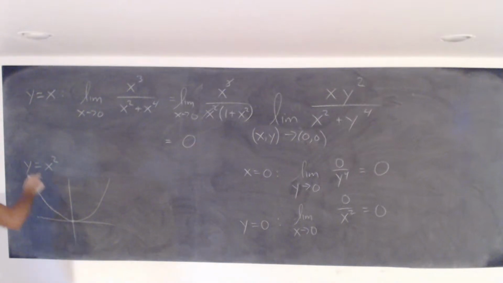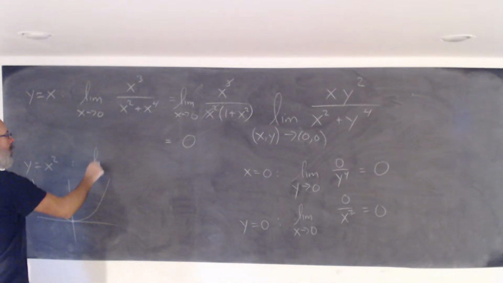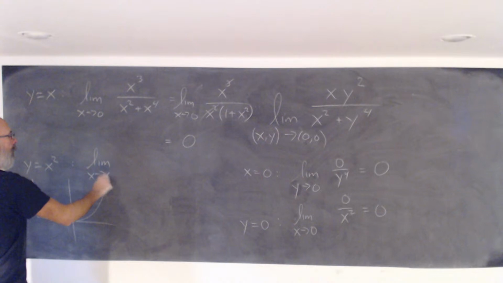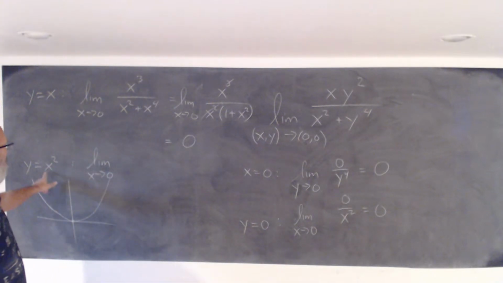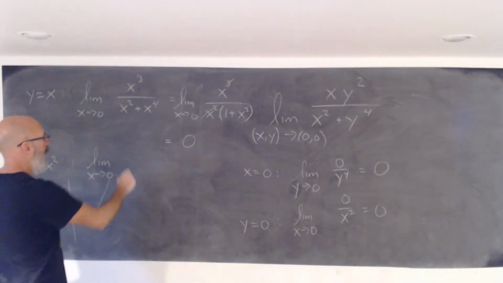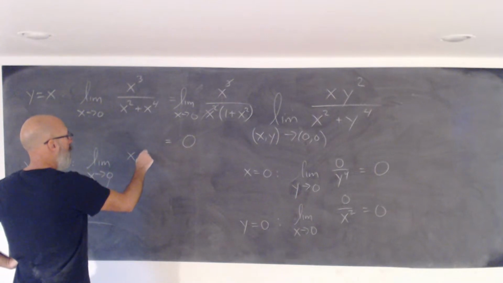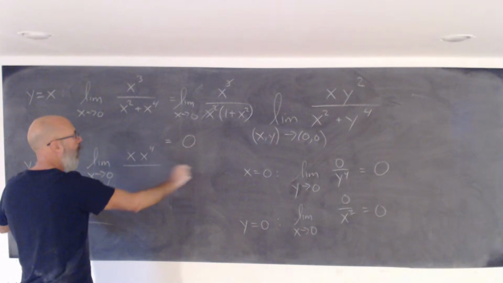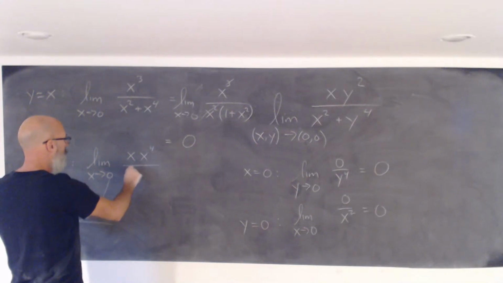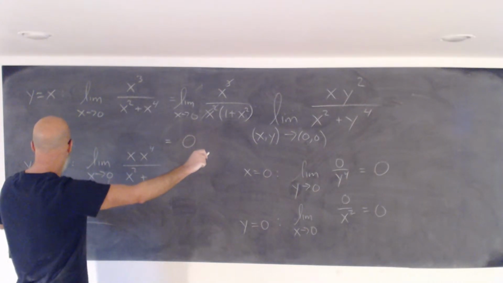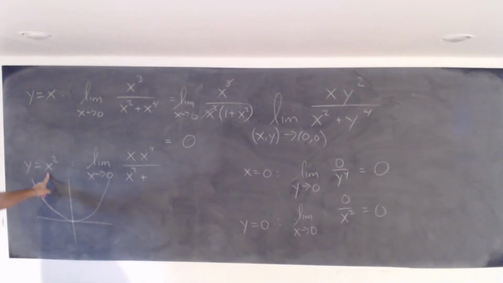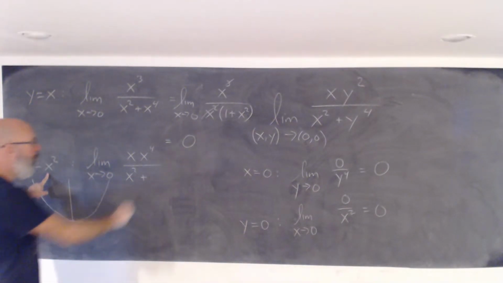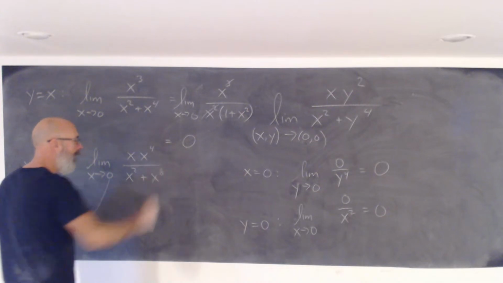So if you take y equals x squared, what happens? y is x squared, so this is x to the 4 over x squared plus y to the 4, so that is x to the 8.